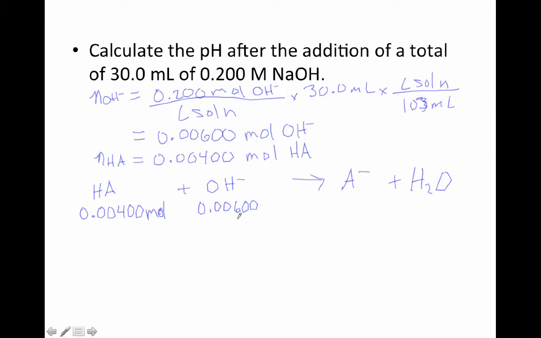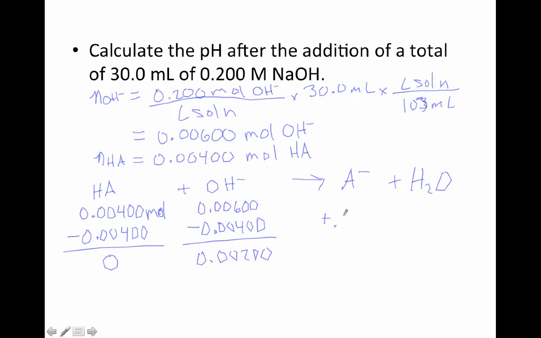This 0.00600 moles of hydroxide is greater than the 0.00400 moles of benzoic acid, and therefore all of the benzoic acid will be reacted away, but only the corresponding amount of the hydroxide will be reacted away. This means we have no benzoic acid left, but we do have 0.00200 moles of hydroxide, and we also have 0.00400 moles of benzoate at this point in the titration.